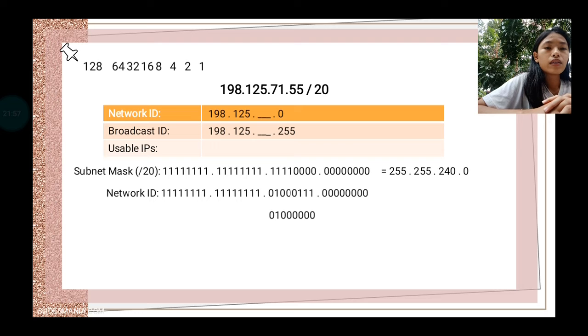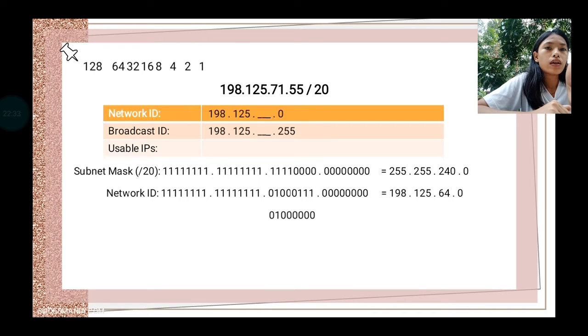And the third bit of our subnet mask is 1 and our network ID is 0, then it would be 0, and so on and so forth. Now, if we convert the third octet into dotted decimal notation, it would be 64, since we can see that the 1 is placed under the 64.